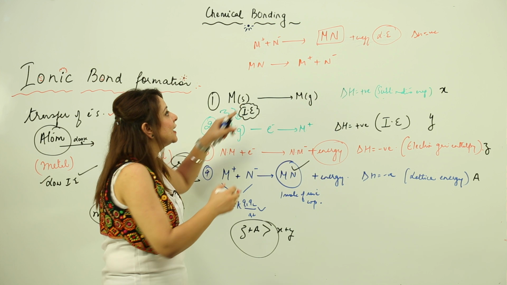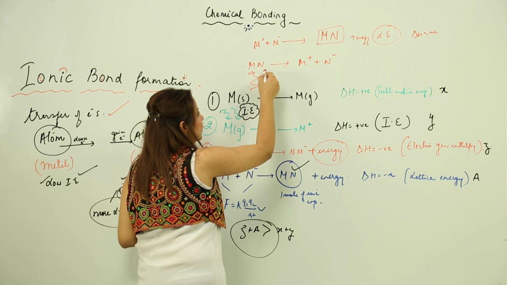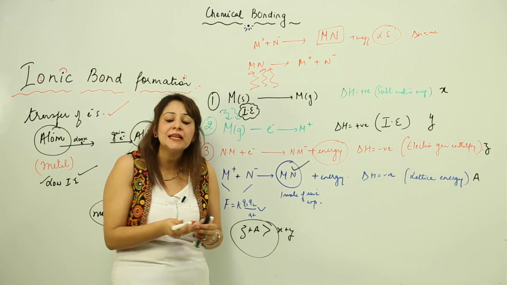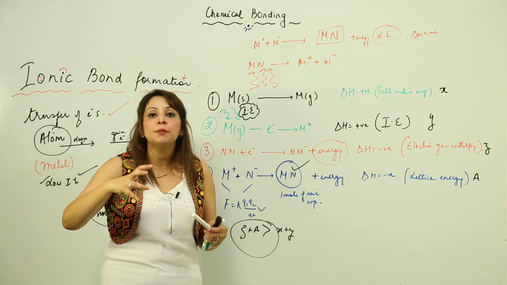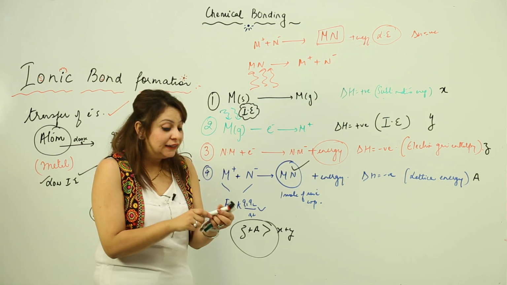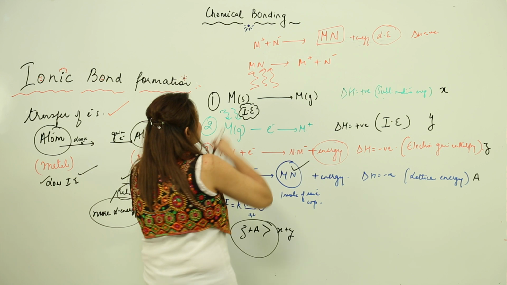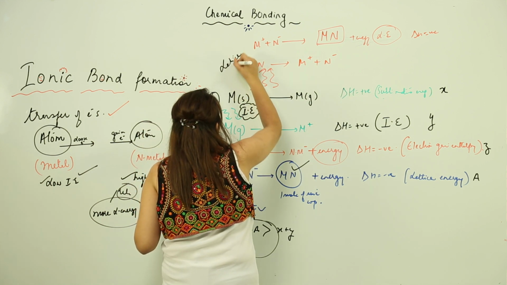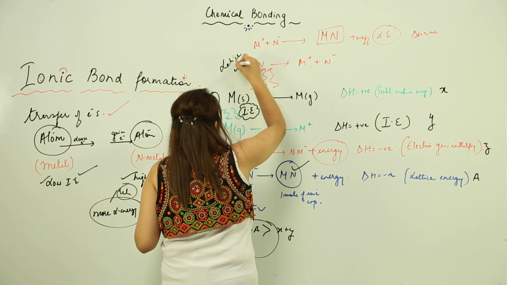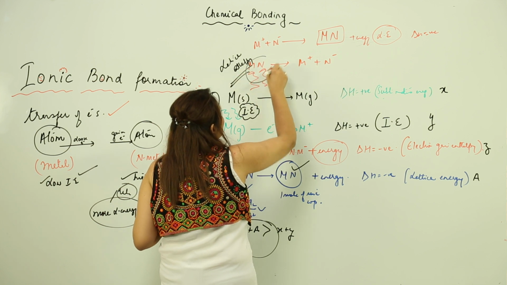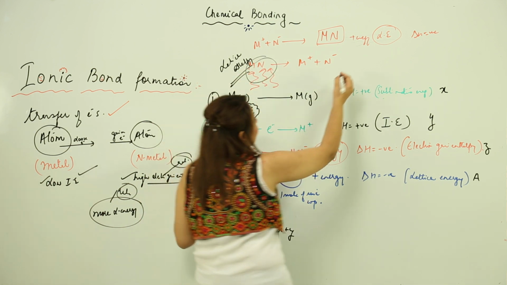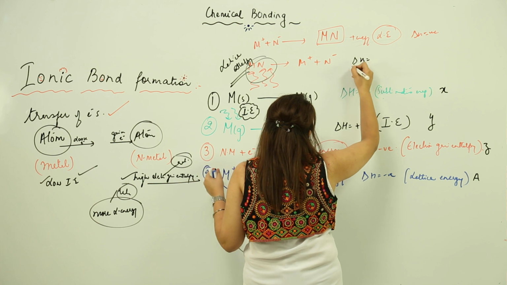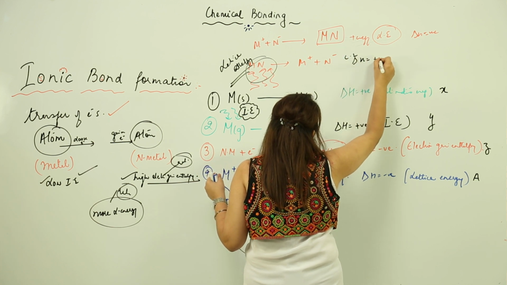In that case, I have to provide it with energy so that it can break the attractive force. That energy is called lattice enthalpy. So delta H for lattice enthalpy is positive.